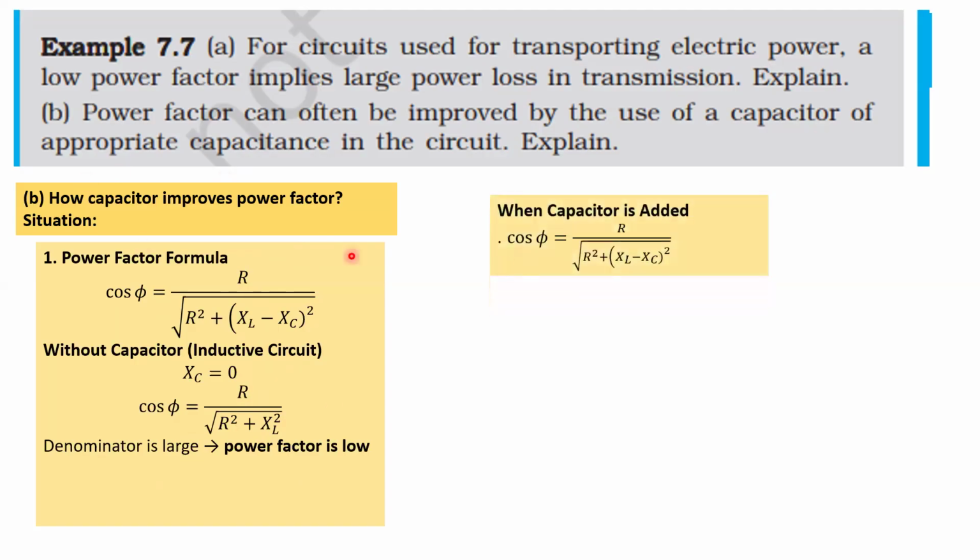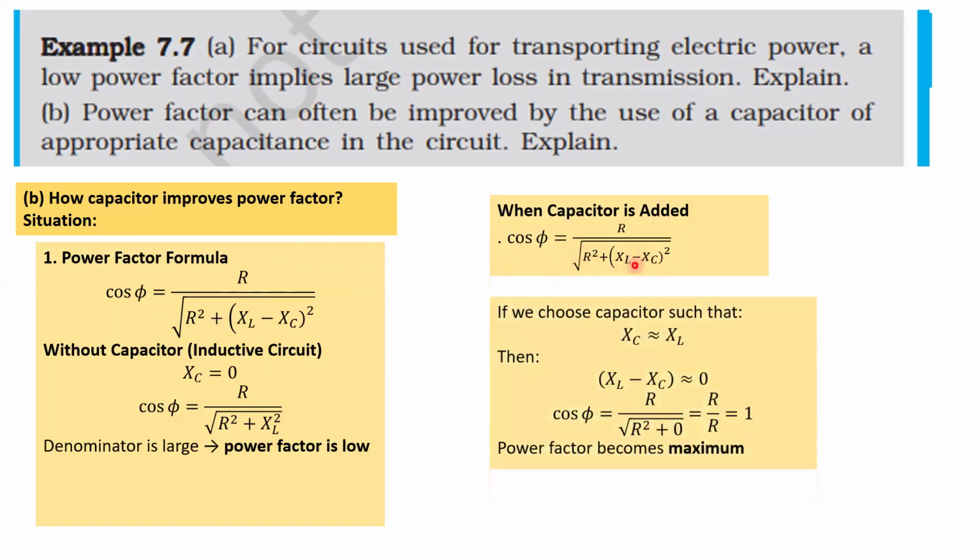Okay, now the capacitor is added to the circuit. What happens? When the capacitor is added, instead of only XL, it is now XL minus XC, which means the denominator value decreases. So 1 by denominator increases, and cos phi value increases.